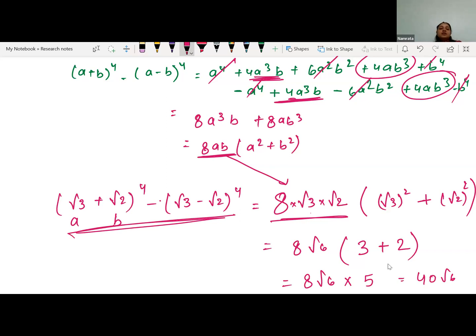First we solved whatever was asked, and then we applied that rule to find the required expression. Any doubt here? No, ma'am. Okay, let's move to the next question.